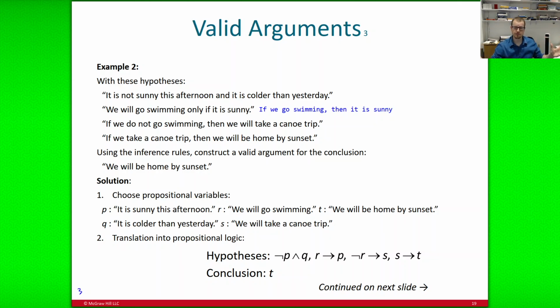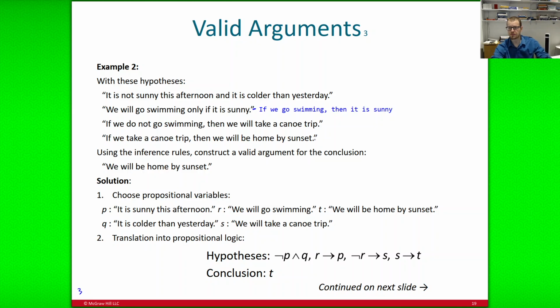It's perfectly valid, but we like to see things in our usual implication or conditional phrasing, if-then. So I rephrased it here as: if we go swimming, then it is sunny. These are equivalent. If we do not go swimming, then we will take a canoe trip.